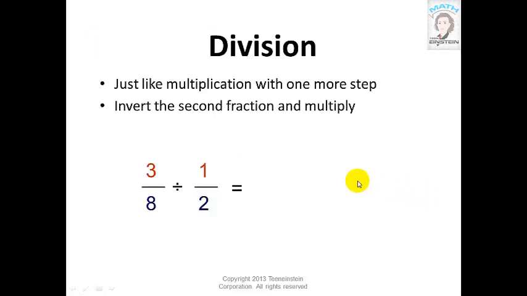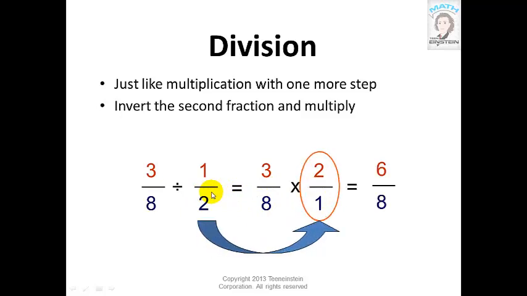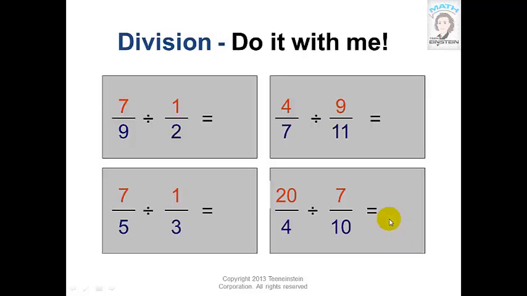So division. If you want to divide a fraction by another fraction, just find the reciprocal of the one by which you are dividing. So here you are dividing by 1 over 2. The reciprocal of 1 over 2 is 2 over 1. Just multiply by the reciprocal of the divisor. Then multiply the numerators, multiply the denominators, then reduce to simple form.